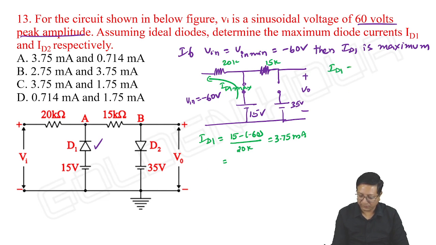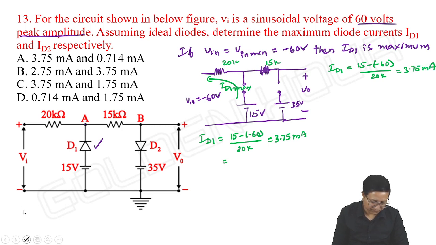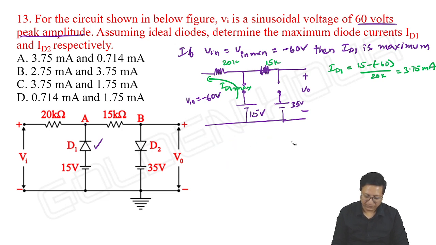Here I am writing it just to save some space. Next, if V input is equal to maximum, that is 60 volts, at that time D1 is off, D2 is on with maximum conduction. Then ID2 is maximum.